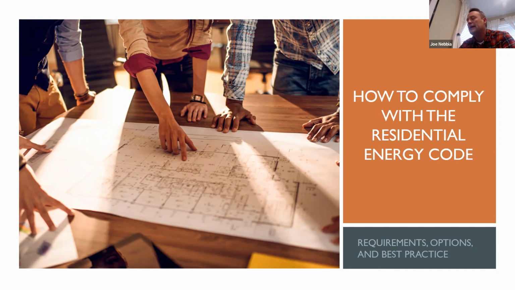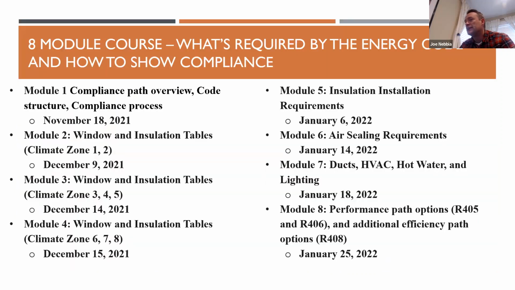As Aaron mentioned, this is module 5 of an 8-module series on the energy code. So if you haven't seen the other modules so far, they're all available through EBA in recorded fashion. And we do have a few upcoming as well, in case you want to catch the rest of them live.